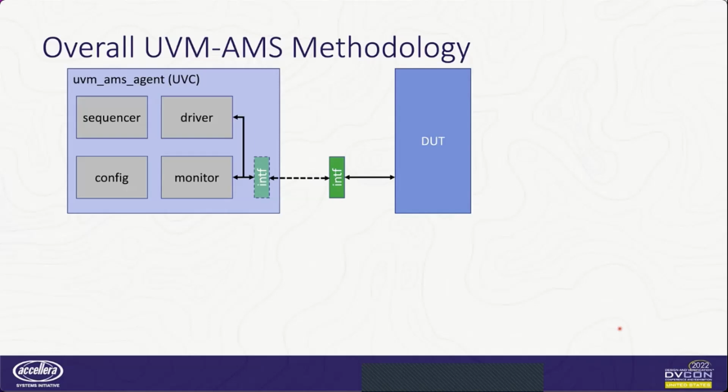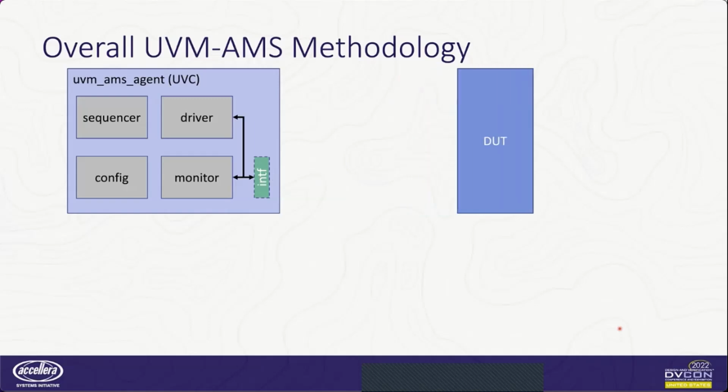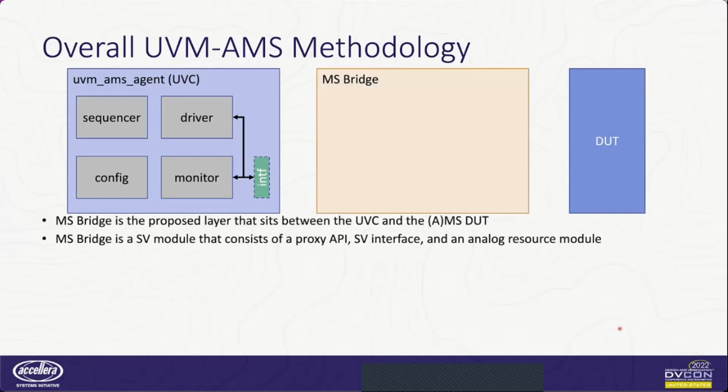And so in order to handle that and to produce a signal from those attributes, we're proposing the introduction of an MS bridge to be added to the UVC.